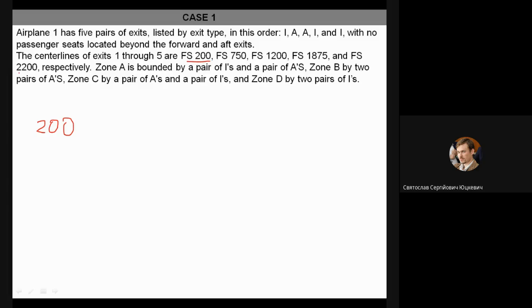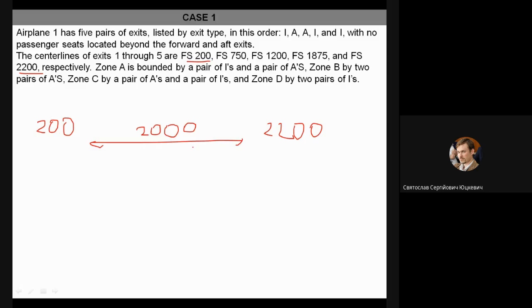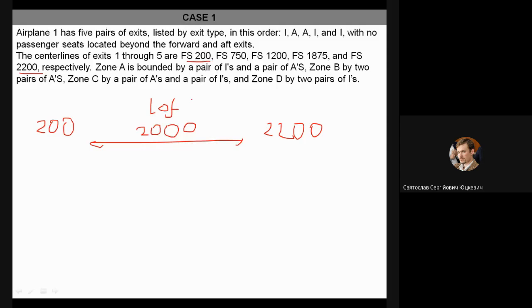The last one is 2200. The total length of the fuselage cabin is 2000 inches. It will be the length of the cabin.